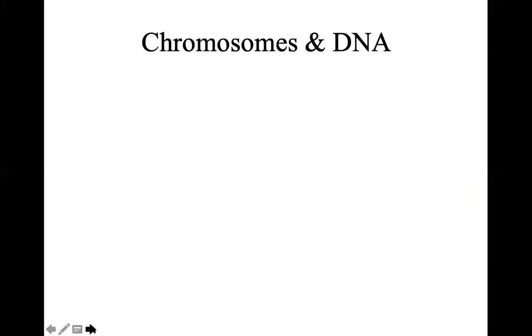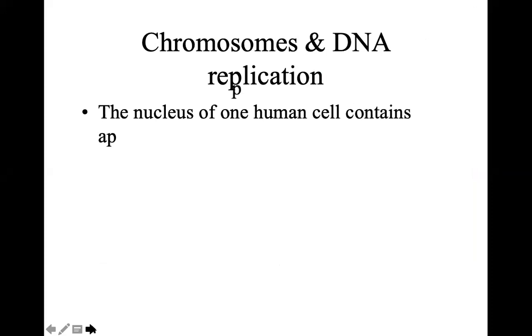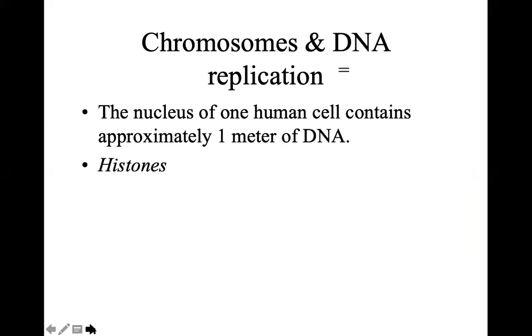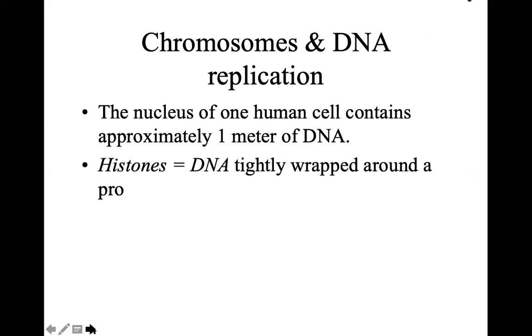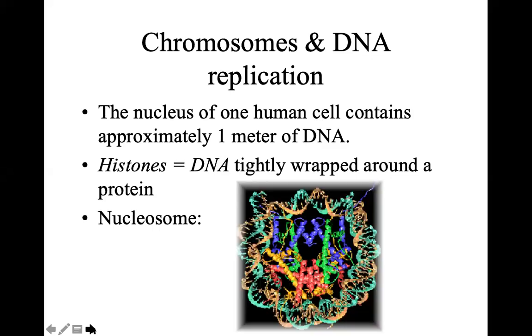So chromosome and DNA replication are very important. The nucleus of one human cell contains approximately 1 meter of DNA. You can imagine when you make it linear. But how is it present in the cell? The DNA is tightly wrapped around protein, and it is called a nucleosome.